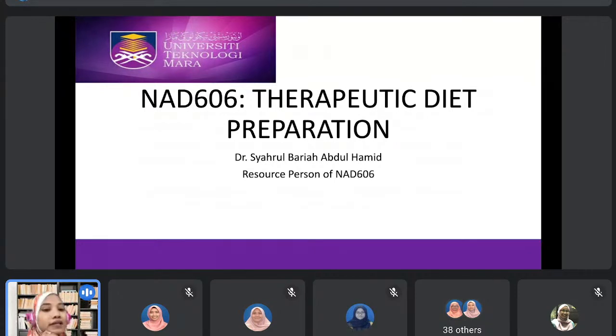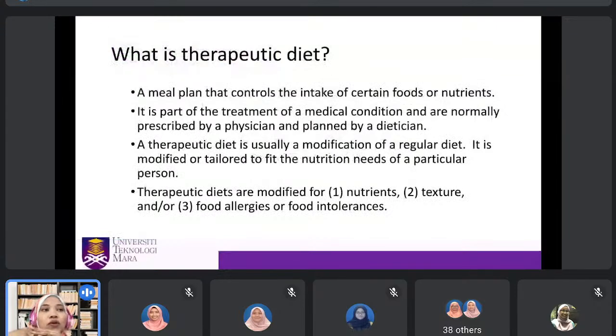Okay, so what is the therapeutic diet? It is a meal plan that controls the intake of certain foods or nutrients. It is part of the treatment of a medical condition and is normally prescribed by a physician, but planned by a dietitian. So a therapeutic diet is usually a modification of a regular diet.